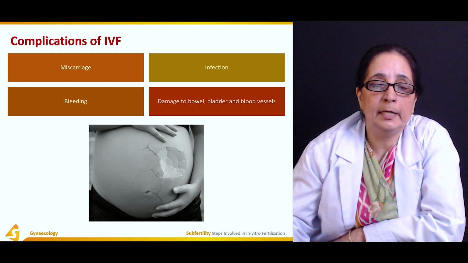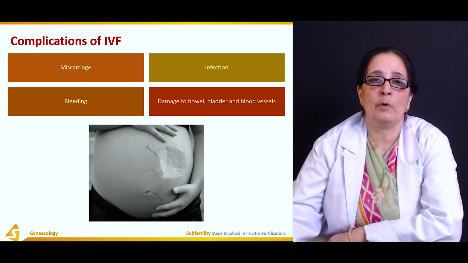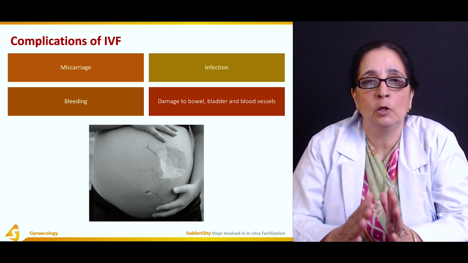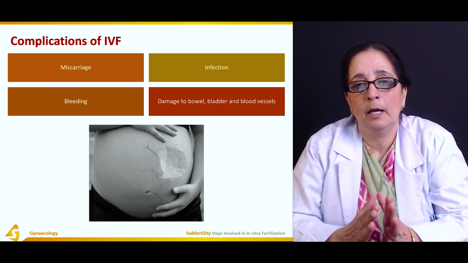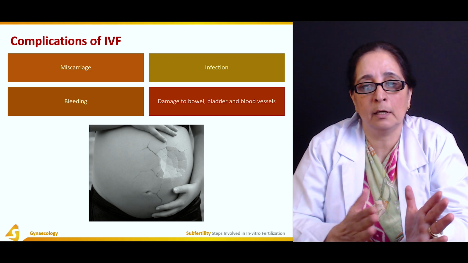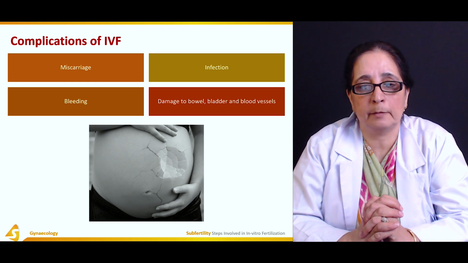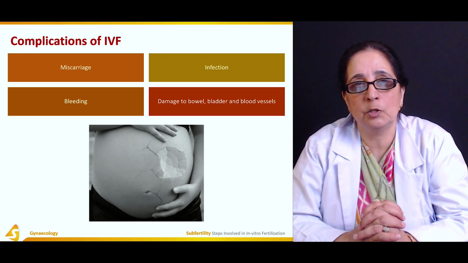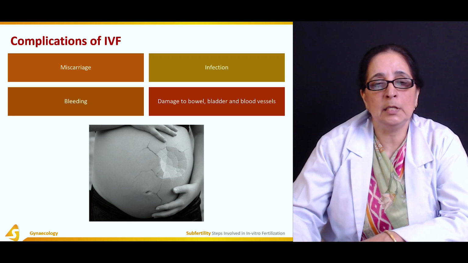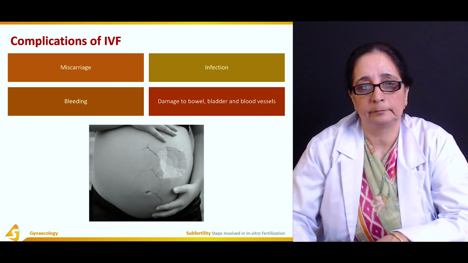There is sometimes bleeding with the puncture of the uterus or cervix, and also damage to the bowel, bladder, and the blood vessels, all these structures which are very close to the uterus. Bladder and rectum damage is very common because they are very close to the uterus, front and back. And then there is damage sometimes to the blood vessels, leading to bleeding. So these are some common complications of in vitro fertilization.